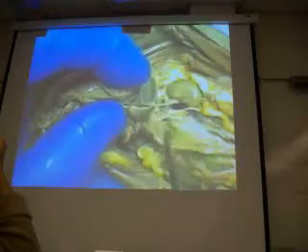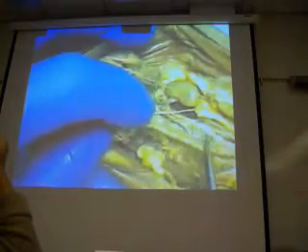So what I want to find for you guys is the ureter. There's a dorsal aorta right here.